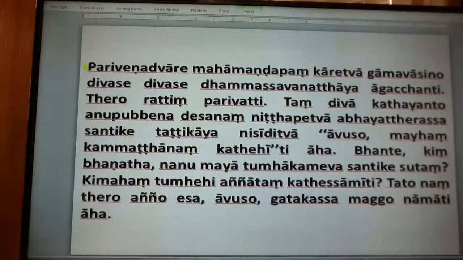We learn Parivena Dware. Parivena is a compound. Dwara is a door, gate door. Parivena Dware means at the gate door. Maha Mandabam. Here, Maha is a bit.